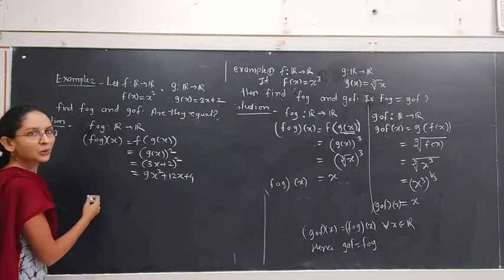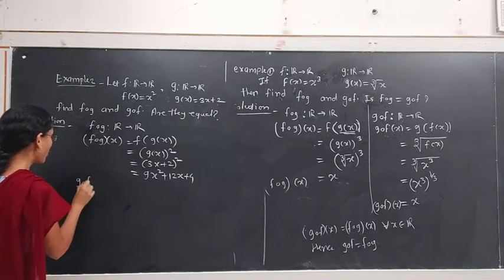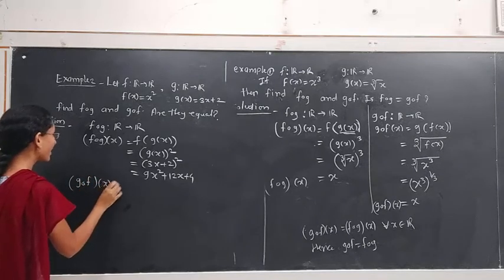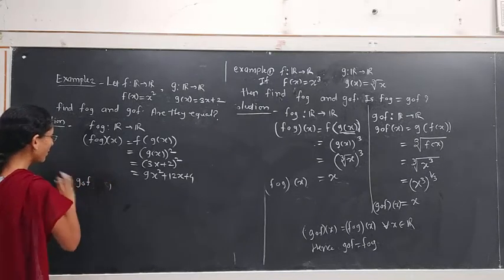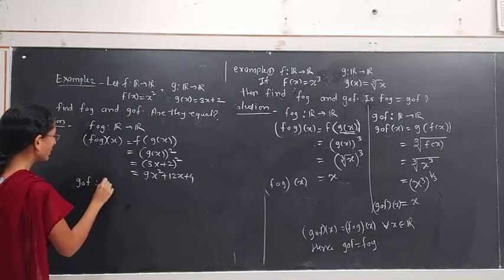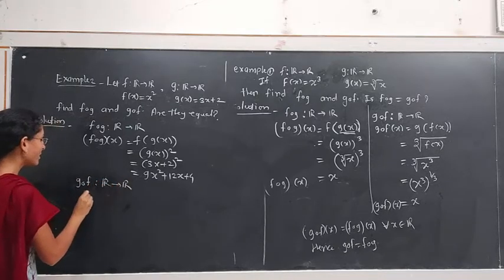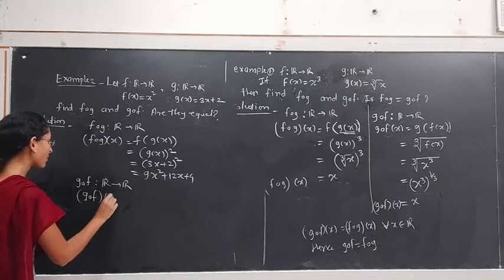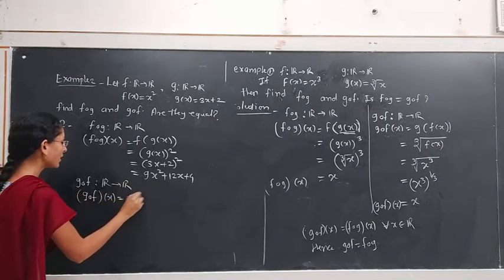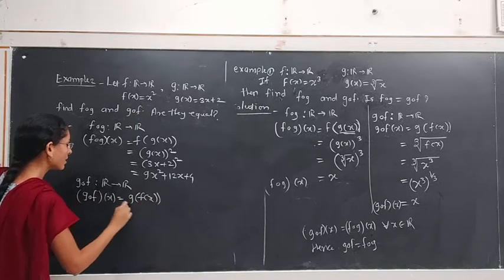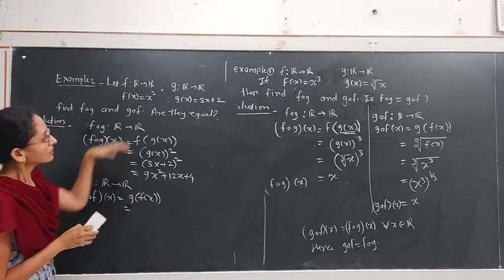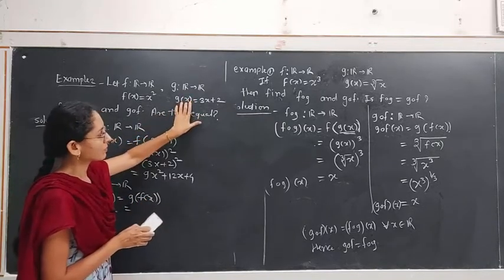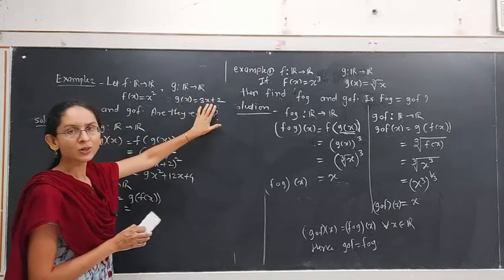Now we find gof. gof of x is a function from the set of real numbers to real numbers defined by g of f of x. We know this function g of x is equal to 3x plus 2.